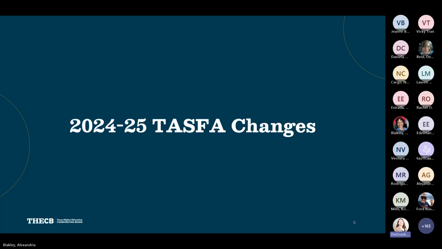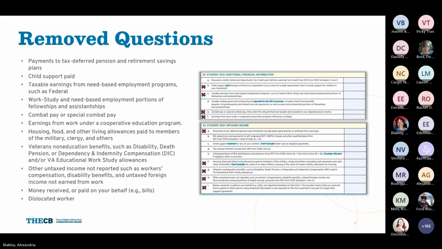Now we will go into changes for the 24-25 TASFA. Starting with what was removed, changes made to the TASFA involved an assessment of stakeholder feedback along with an assessment of the changes made to the FAFSA, especially for what questions are needed in creating a student aid index, the SAI.